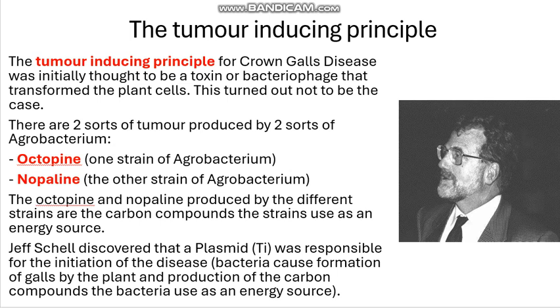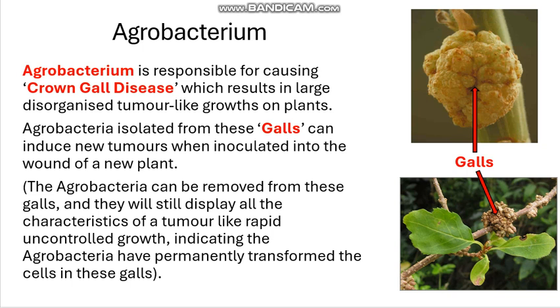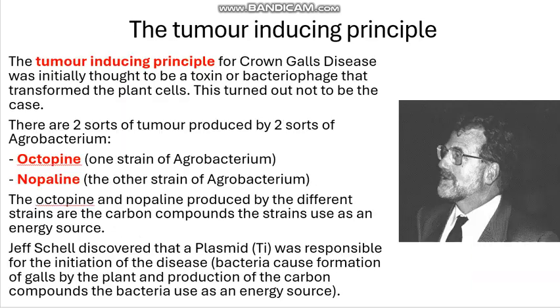There are two different kinds of tumor produced by two different kinds of agrobacterium. The first kind produces these tumor-like growths on the plants, and within these tumors the plants produce a carbon source called octopine, so it's kind of like a sugar.